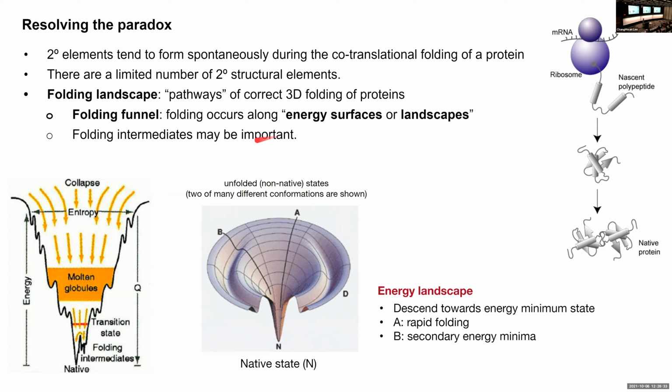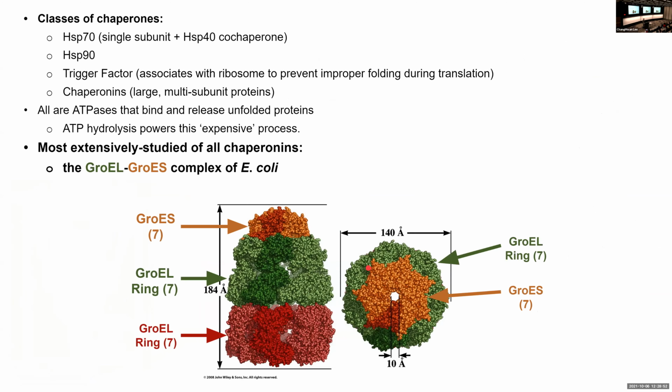And we talked about this sort of energy landscape. It's called the folding landscape or folding funnel, where we talked about the entropy changes, internal energy changes, and how you get to the bottom, which is, you can't really see it here, the native state. And we took an example, the GroEL-GroES complex from E. coli, which is a chaperone.